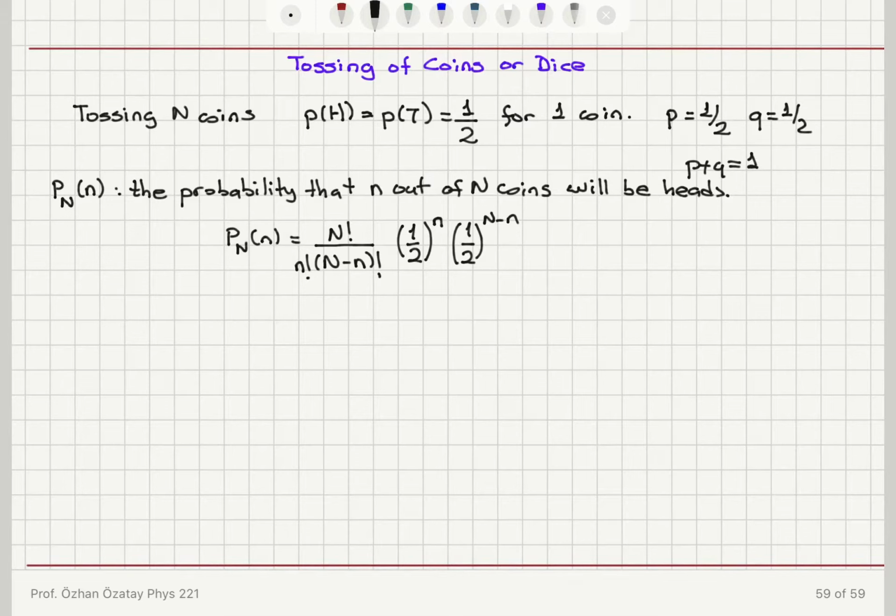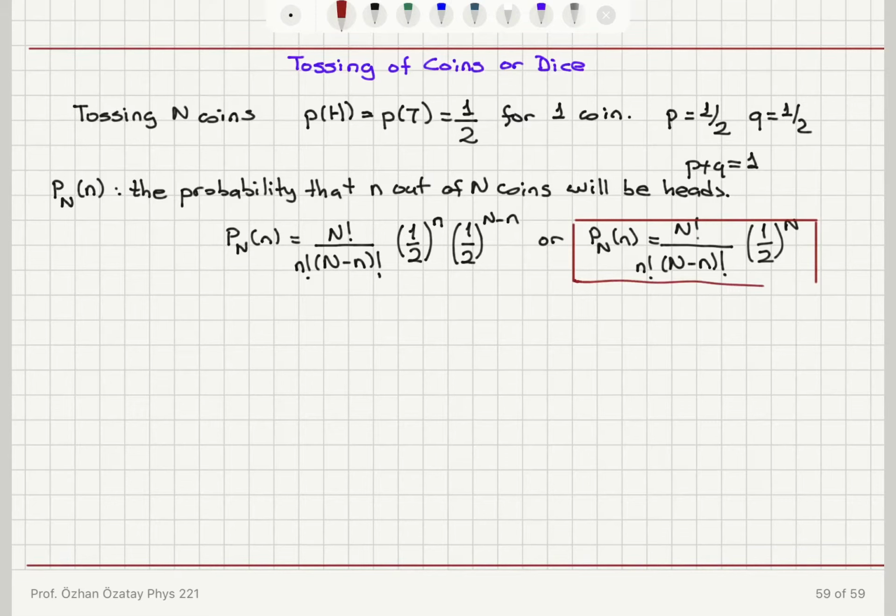So this is going to give me, or I can write it as, probability equals capital N factorial over n factorial, capital N minus n factorial, times 1 over 2 to the power capital N. So this will give me the answer for the probability of having any n out of capital N coins will be heads. Now let me look at another case.